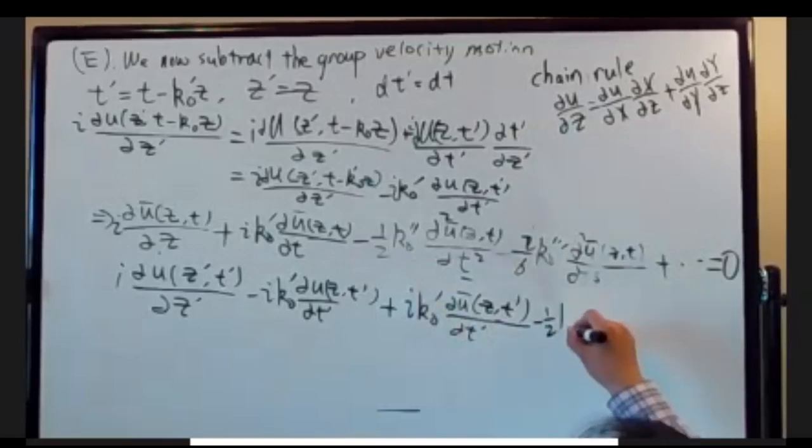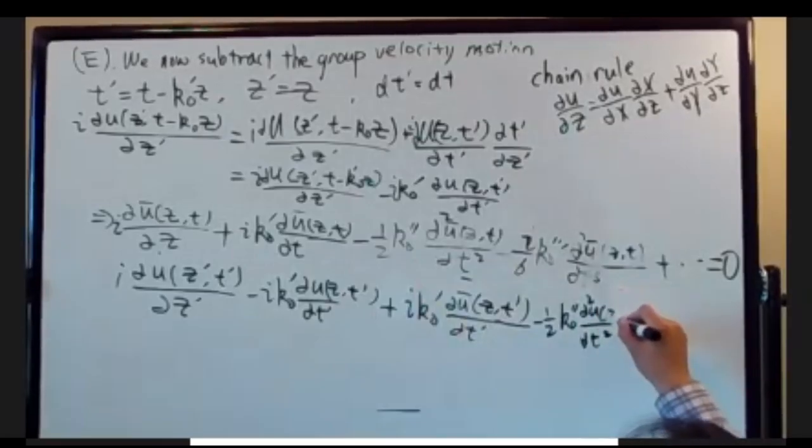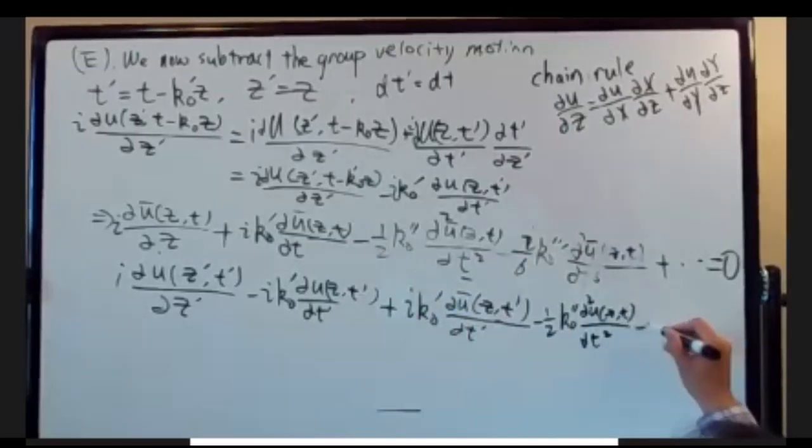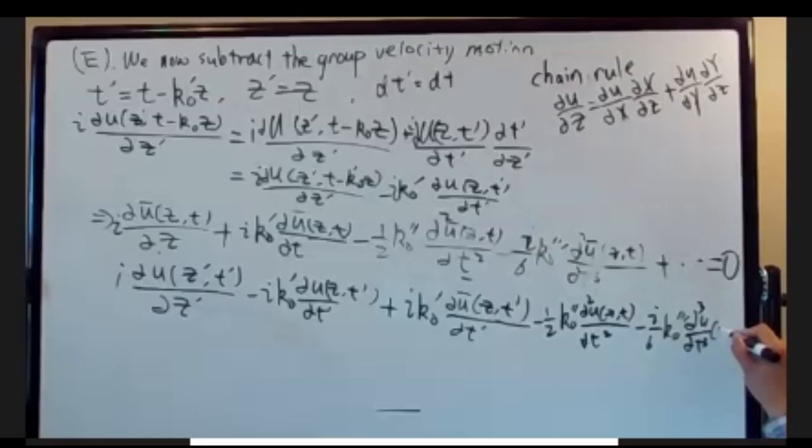Minus half k naught double prime, partial u, partial t squared, dt, minus I over 6 k naught triple prime, partial u, partial t cubed, dt equals 0. Of course, we add more terms.